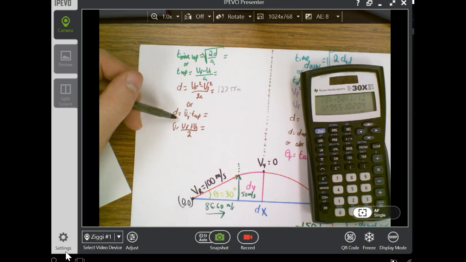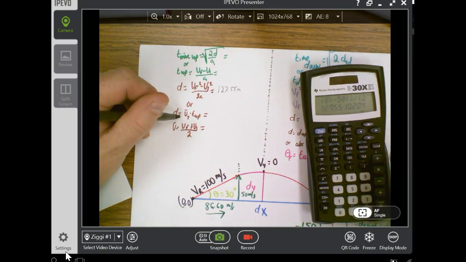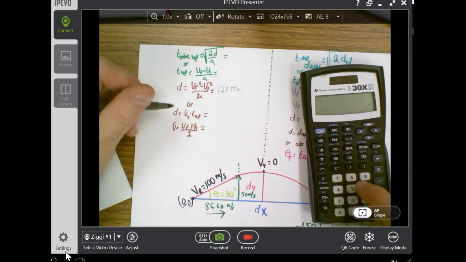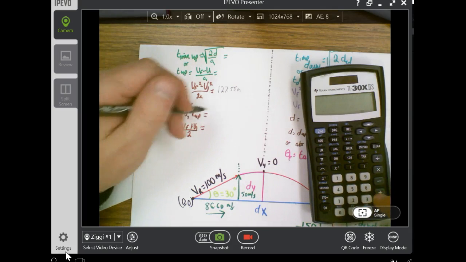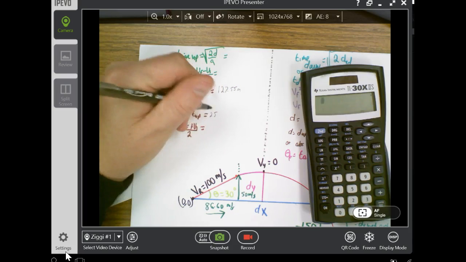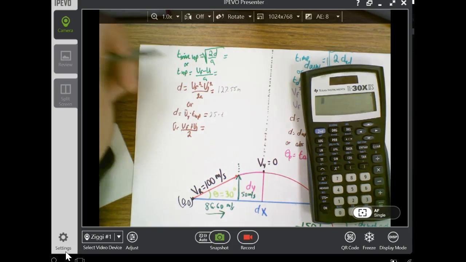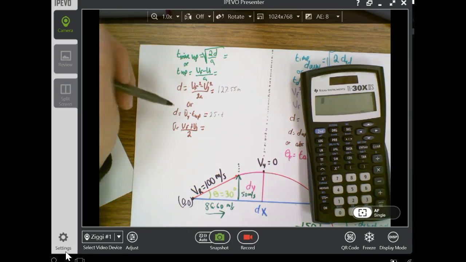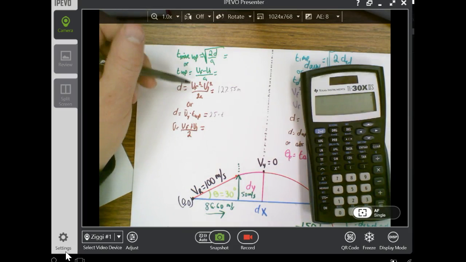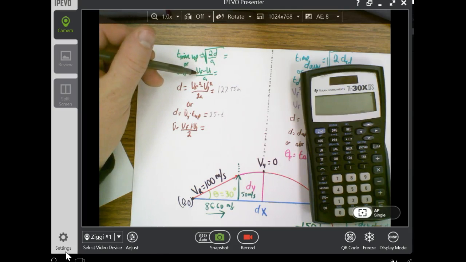I could also go for the average velocity here. Maybe Vy average. 50 to 0, average is 25, so this becomes 25 times time up, which I don't know yet. So that's not going to work. So I need to figure out time up. Well, I could do this for time up, velocity final minus initial, right?